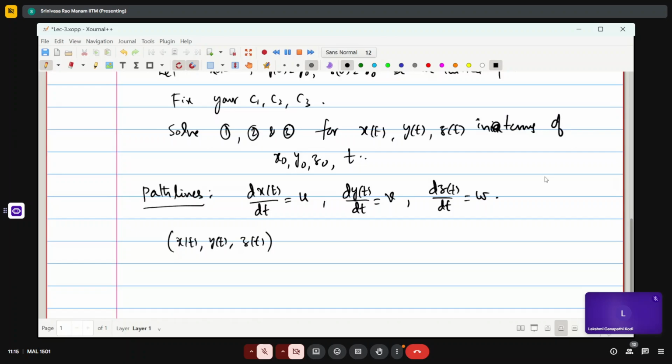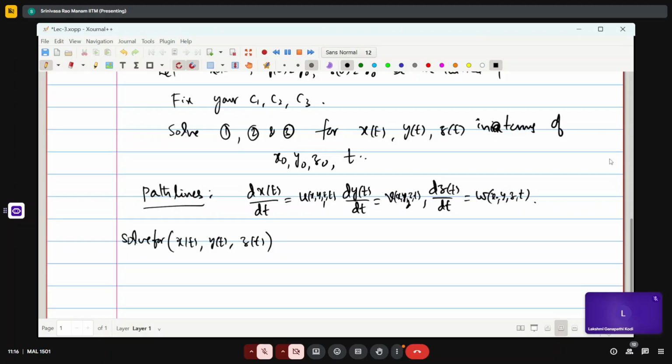Similarly, v is a function of x, y, z, and t, and similarly w also. So like this, if you are given these, simply solve for x, y, z, t.